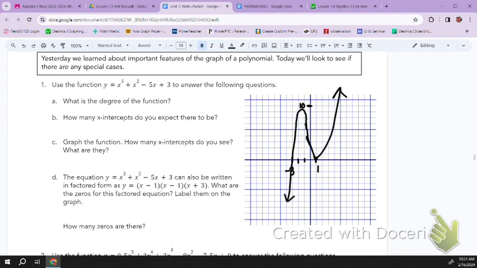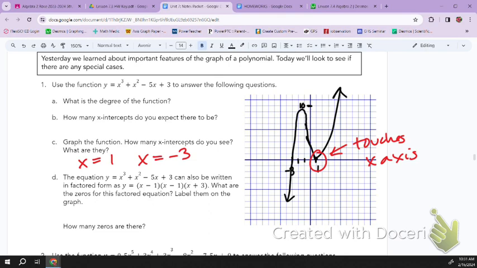Okay, the important parts here. It touches the x-axis. It does not go through. Okay? What are our x-intercepts? +1, -3.